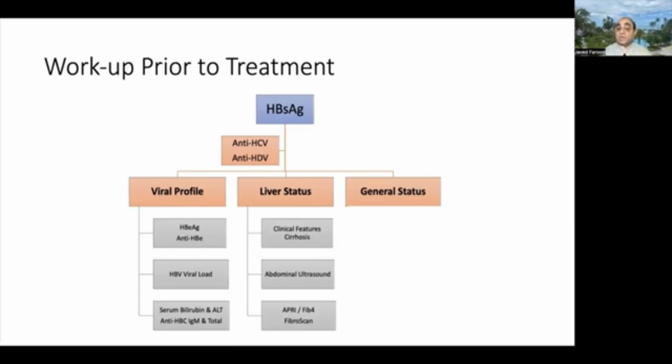And it may be a compensated cirrhotic liver as well, F4, when the ultrasound is normal but APRI, FIB-4 and FibroScan tell us the patient has F4 fibrosis.